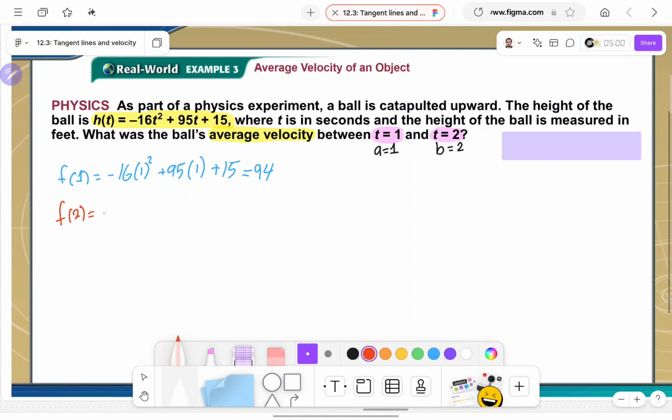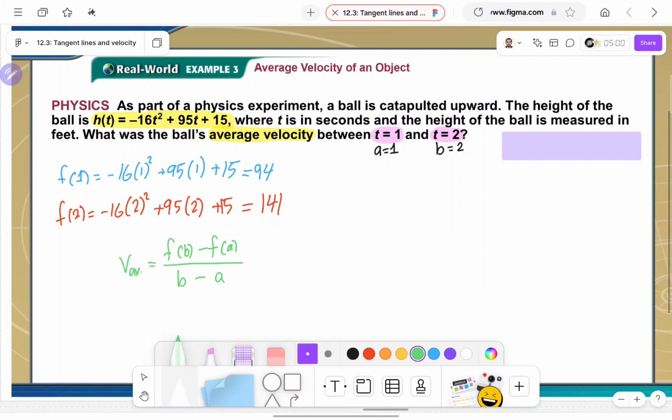Now let's substitute the second value, which is f of 2. So f of 2 is equal to negative 16 times 2 squared plus 95 times 2 plus 15, which gives 141. Now let's use the formula. So the formula is f of b minus f of a over b minus a.